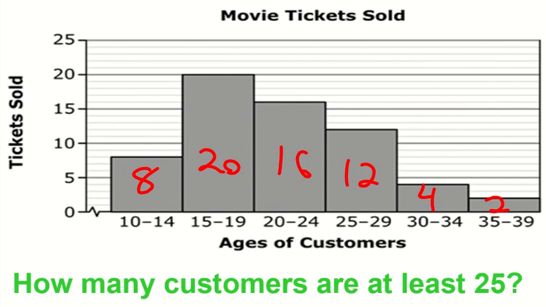So a lot of these questions with the histograms, I'm just going to ask you like how many are in a range or above or below a certain number. So how many are at least 25? Jacob? 18 is correct. 25 or greater is at least, so 12 plus 4 plus 2 gives you that 18. Any questions on that one?